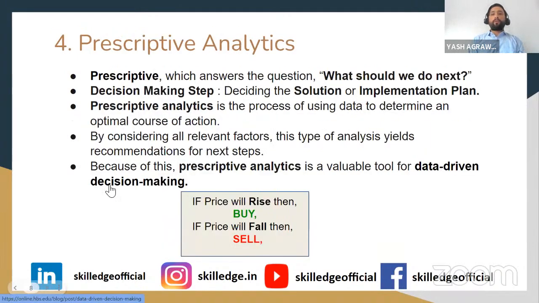Now comes your prescriptive analytics. In prescriptive analytics, we take the final decision. So it comes to the decision making step. In the prescriptive part, it will answer your question: what should we do next? What should be your next step after this?